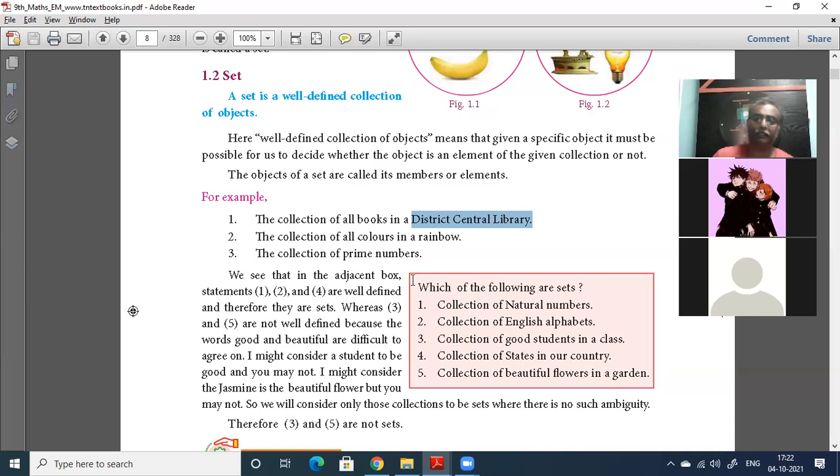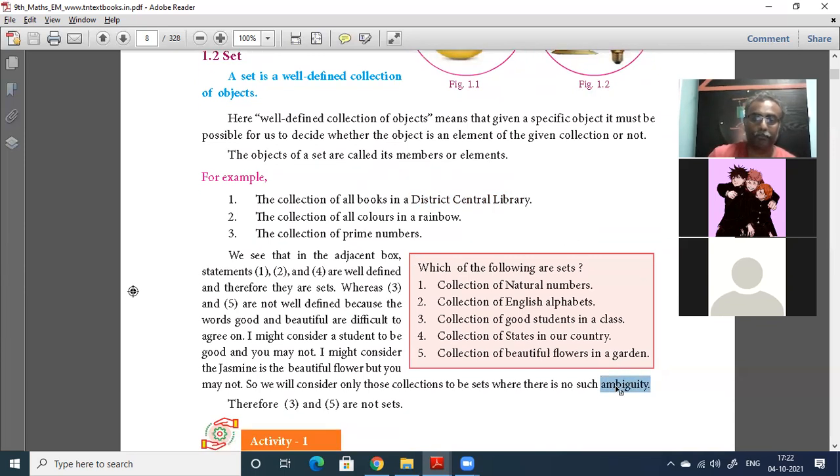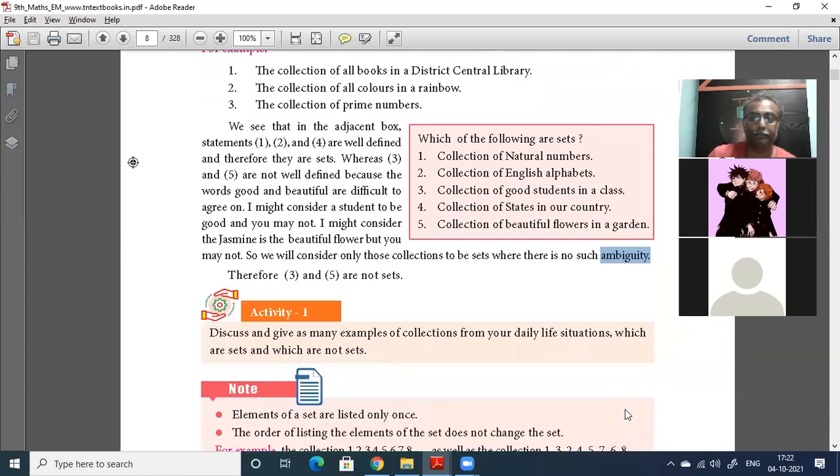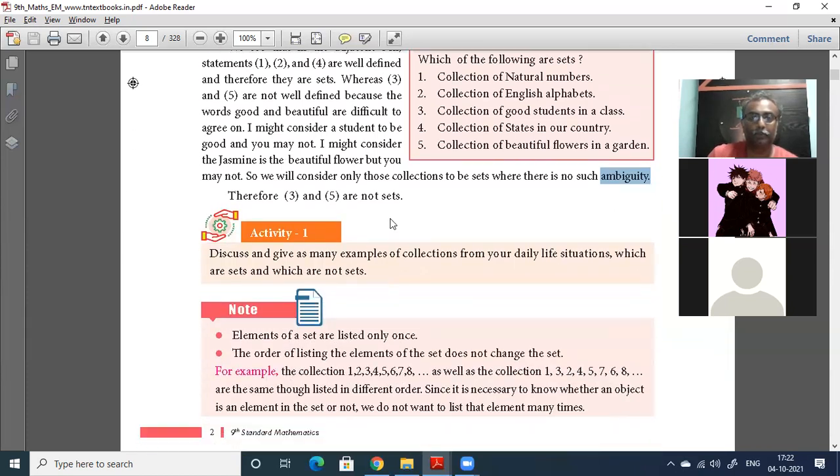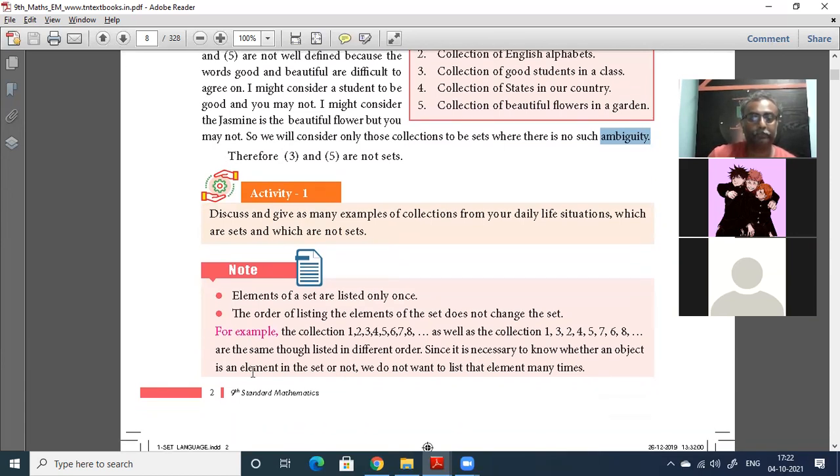Ambiguity means what? Can somebody tell me the meaning of the word ambiguity? Ambidextrous means you can work with both hands, you can write with your right hand and your left hand.